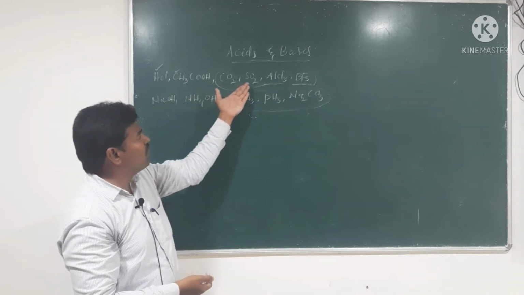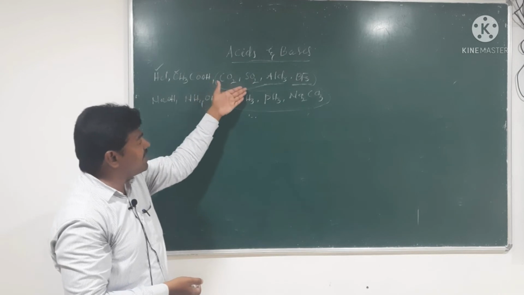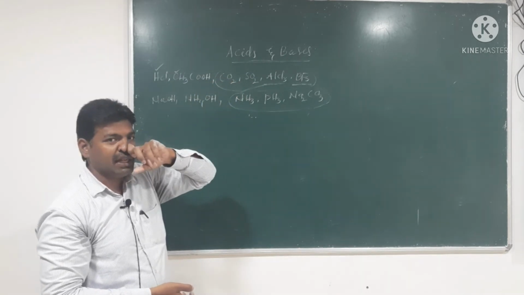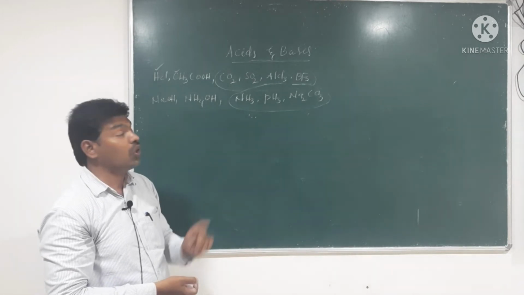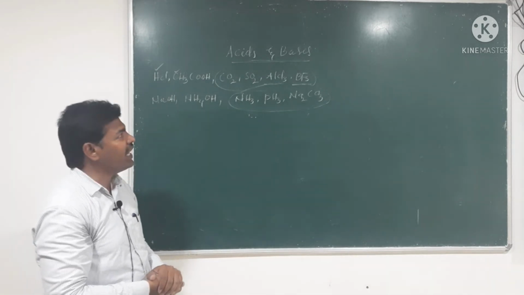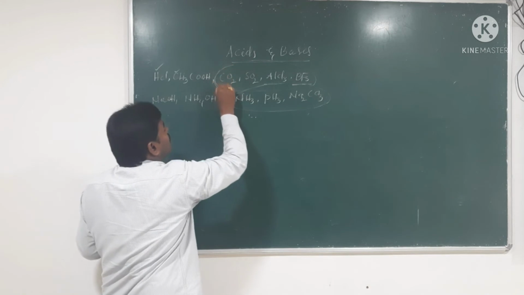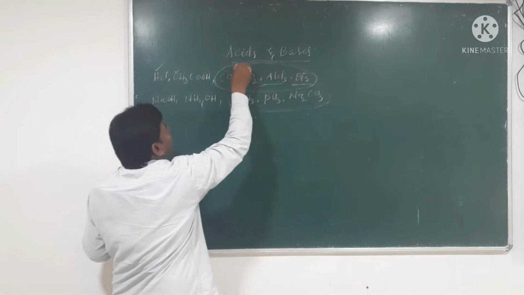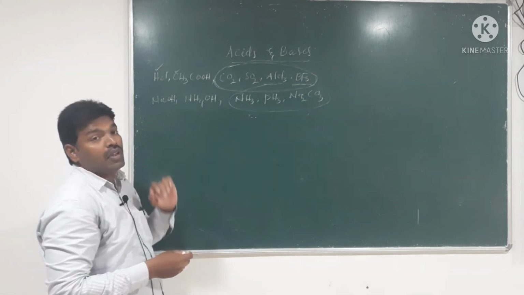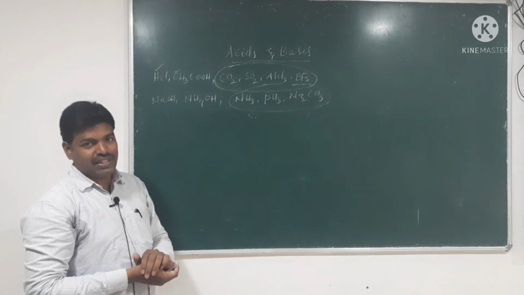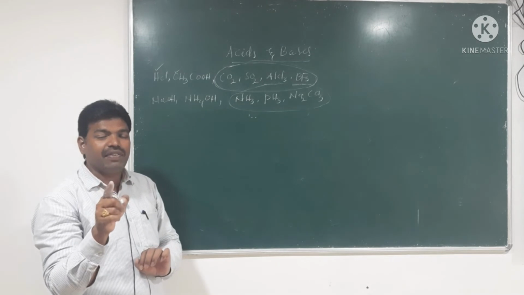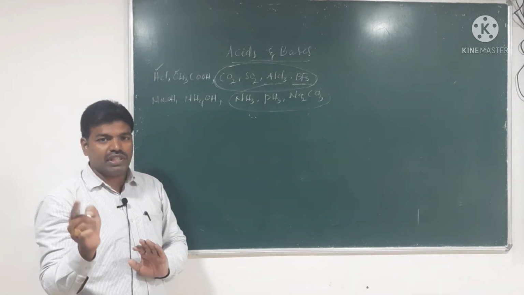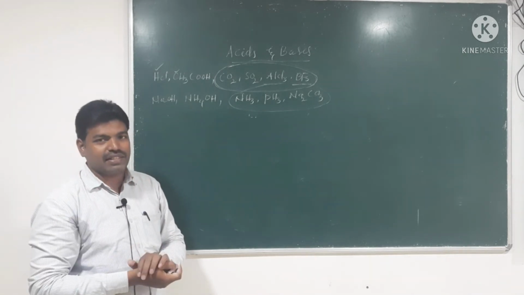CO2 and SO2 have a limitation in the Arrhenius theory, but they act as Lewis acids or non-aqueous acids. So these compounds can be called non-aqueous acids. I shall explain the difference between aqueous acids and non-aqueous acids in the upcoming classes.